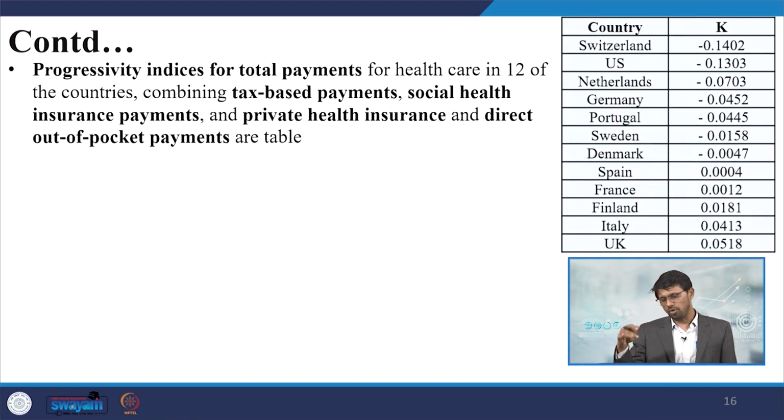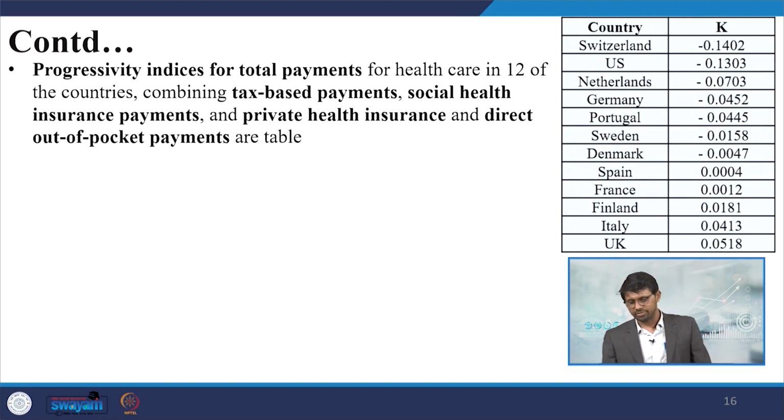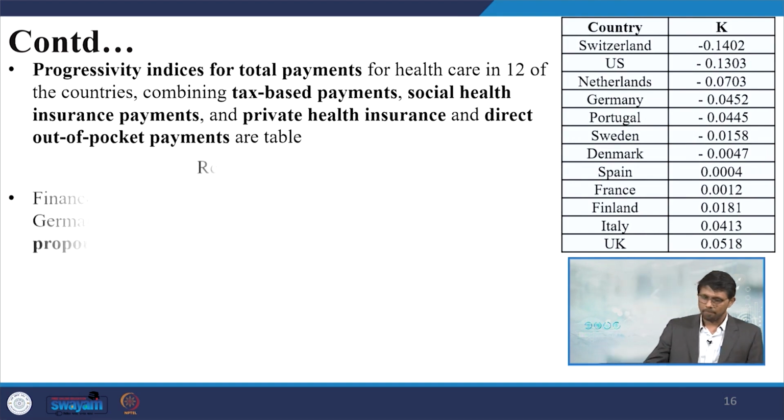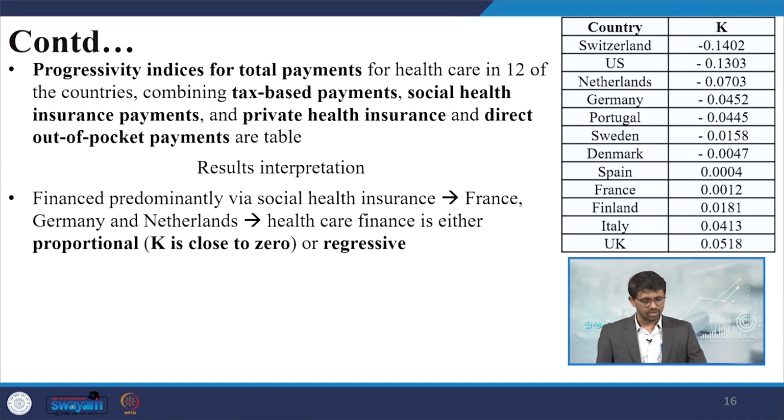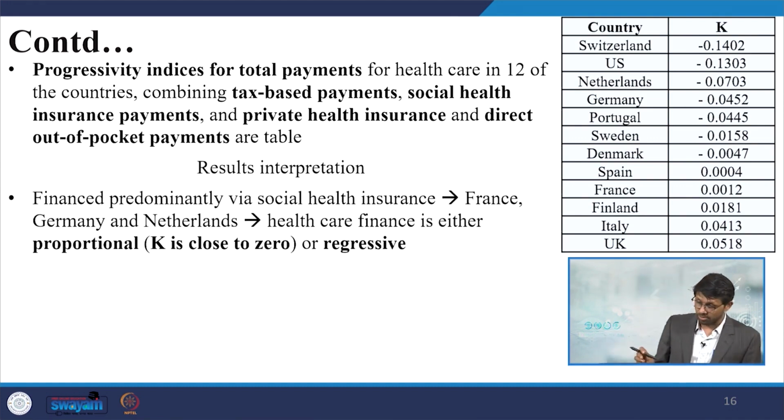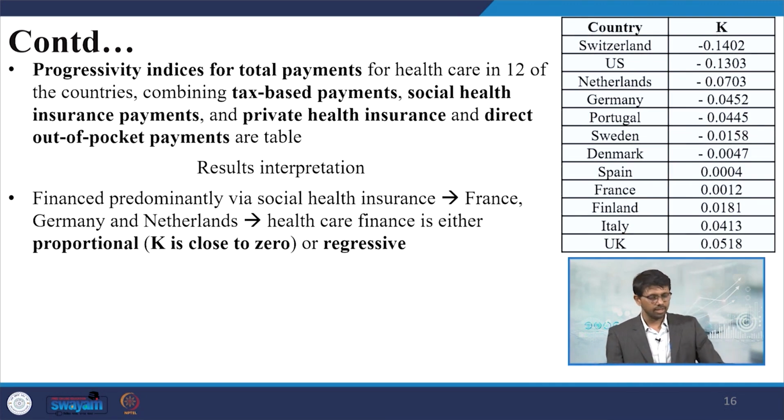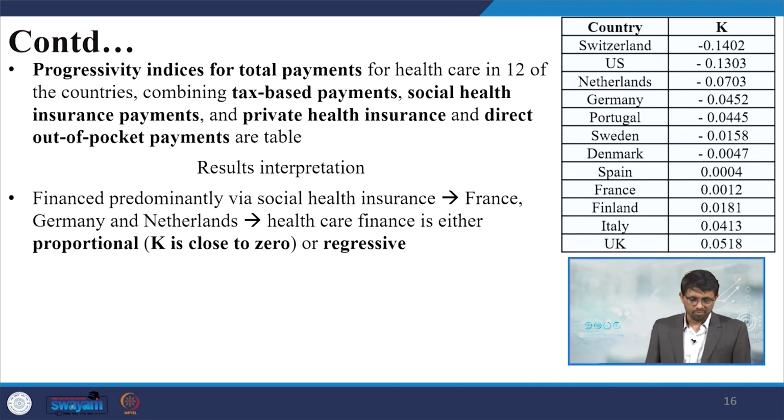You can see all the countries and their Kakwani's index value is also presented. You can see from the result, based on positive and negative, which we already explained, and accordingly we will further clarify.